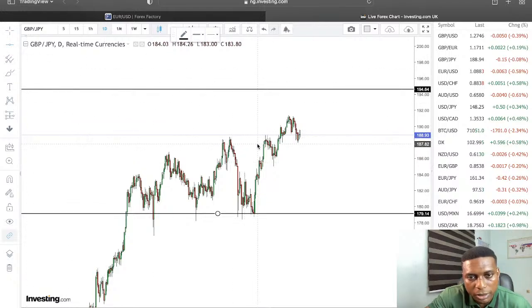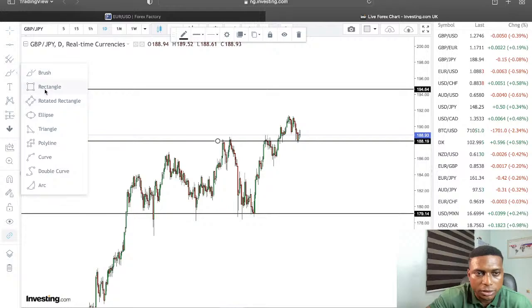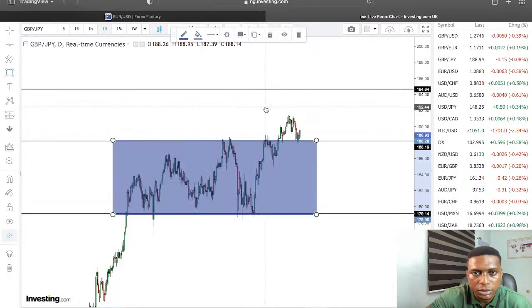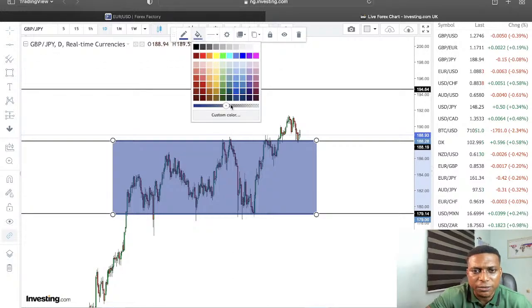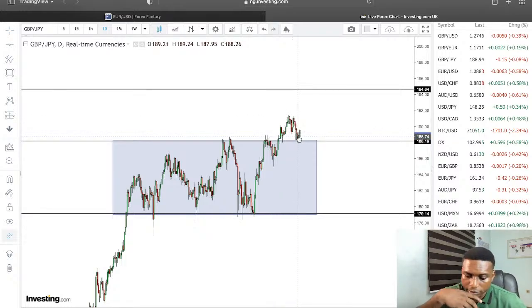Now we would see clearly that while price has been ranging at this level, it finally experienced a breakout, and the breakout occurred with a pullback following it.